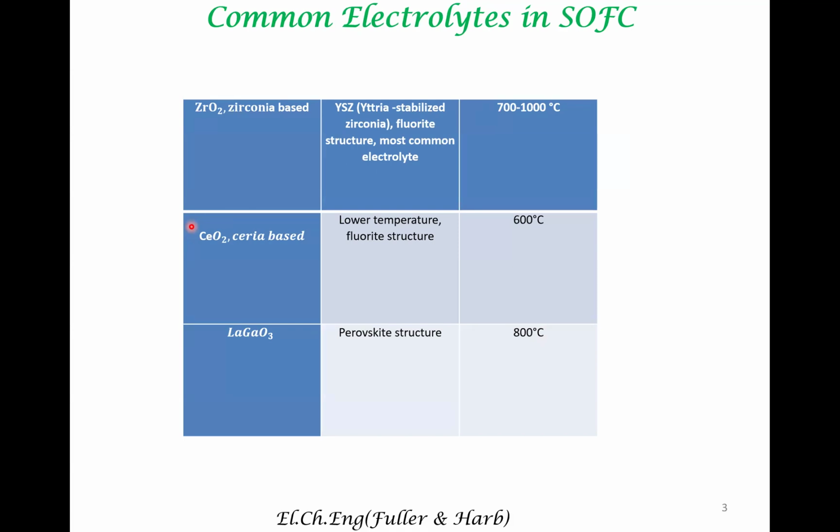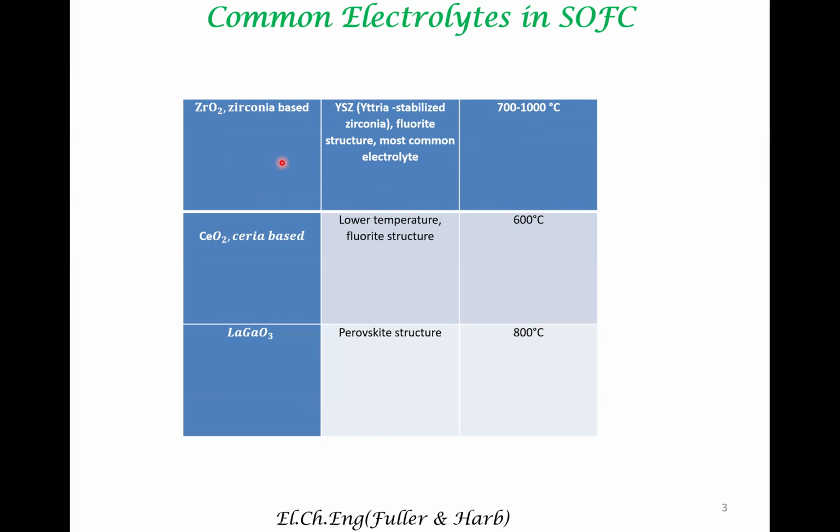So there are three major classes of electrolytes that are used in SOFC. We would mainly be looking at this class of electrolyte. This is the dominant class of electrolytes.